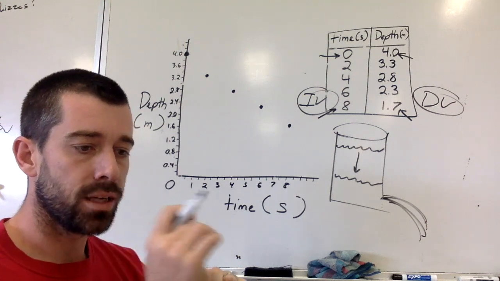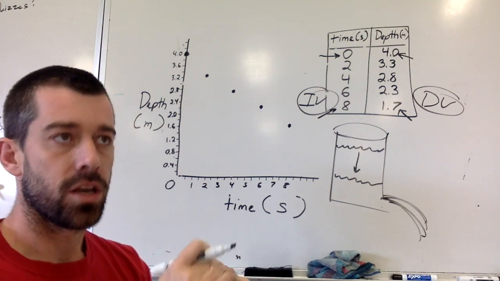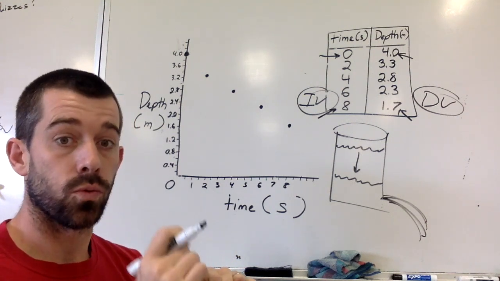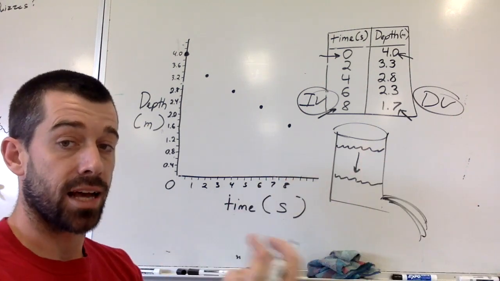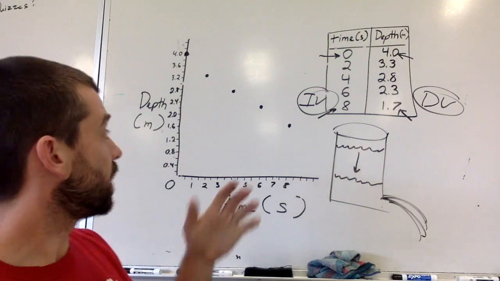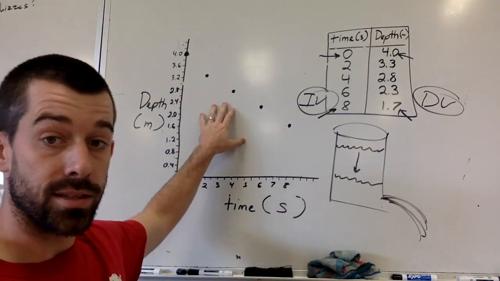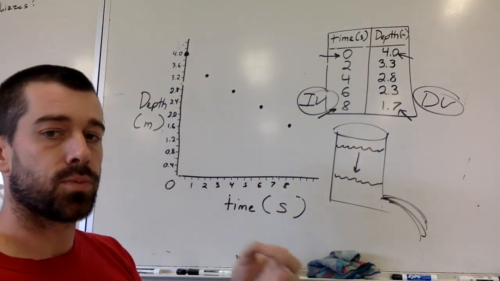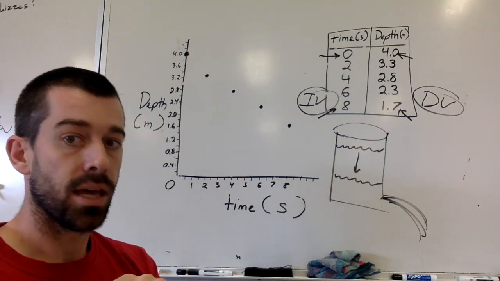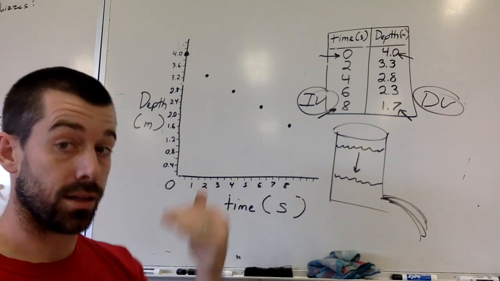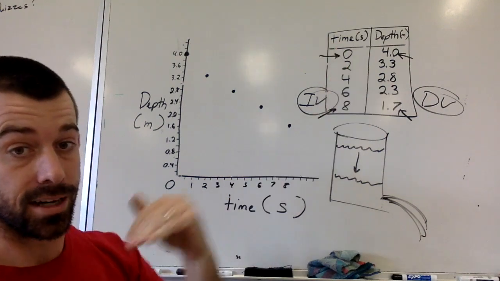And a really good way to think about this is you're going to draw a line with as many points above the line as it has below the line. So if I have 5 points like I do here, the line is probably going to hit one of them or come close to hitting one of them. And it's probably going to have 2 of them below the line and 1 of them above the line.